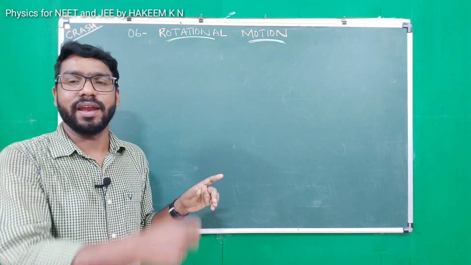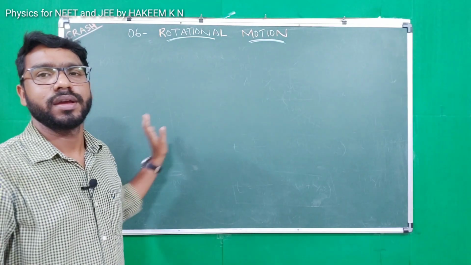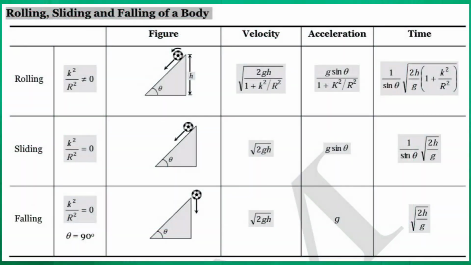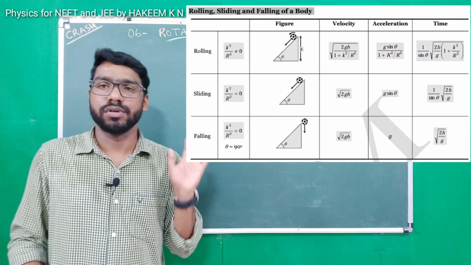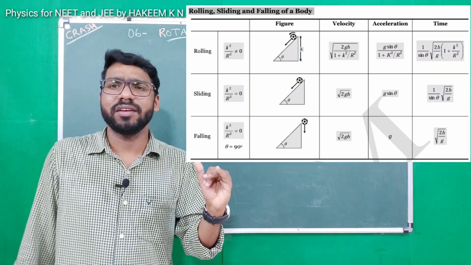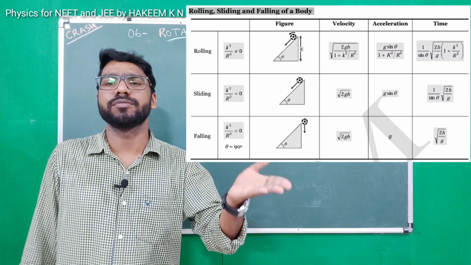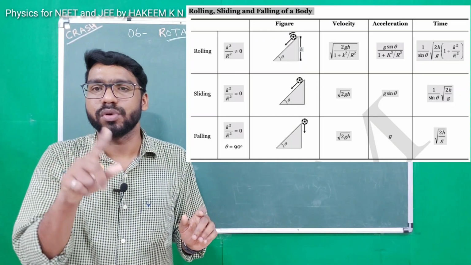Comparison of sliding, freely falling and rolling from an inclined surface. For rotation, radius of gyration is not equal to 0, but for translation and all other types of motion except rotation, radius of gyration equal to 0.